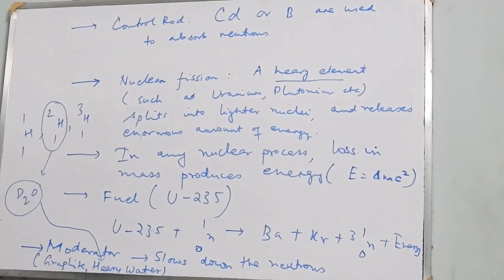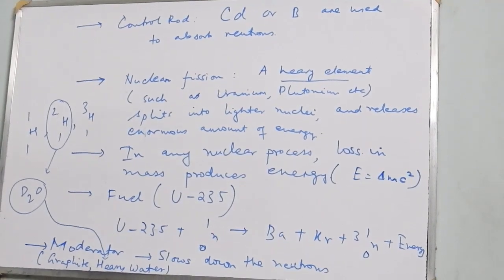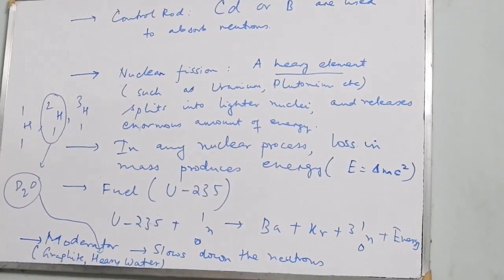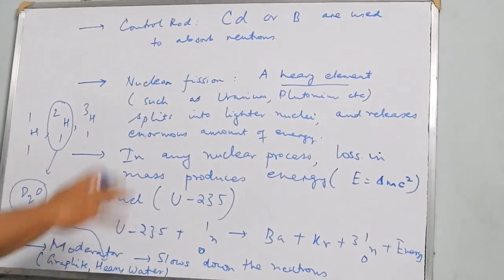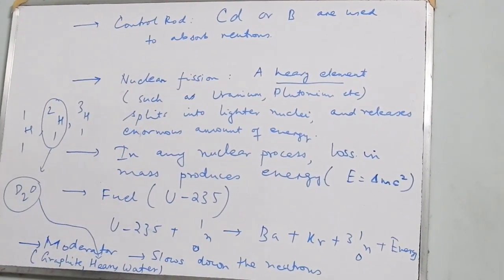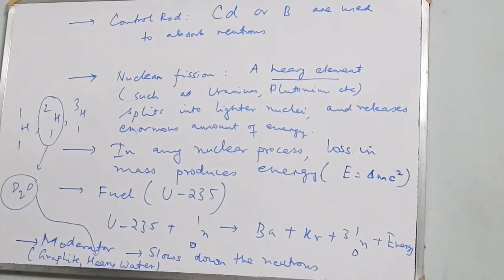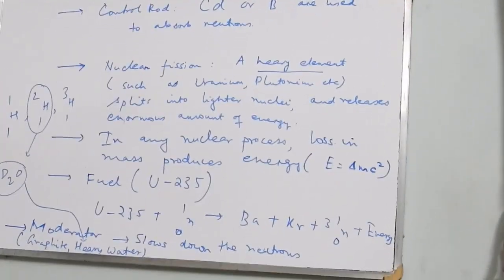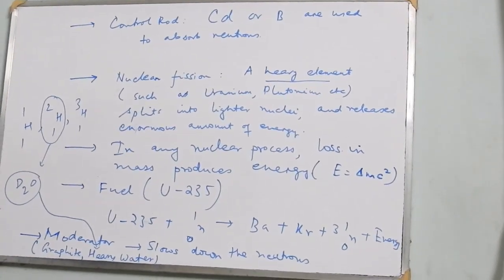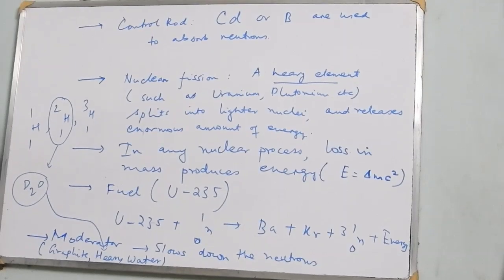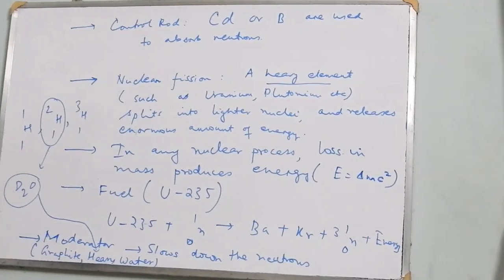The turbine is connected to a coil that is rotating in a magnetic field, and that produces electrical energy. So the ultimate realization of the nuclear reactor is that it has to produce some amount of excess heat energy that will produce steam at a very high temperature. That steam is used to rotate a turbine. The turbine is connected to an armature or a coil, and that rotates in a magnetic field.